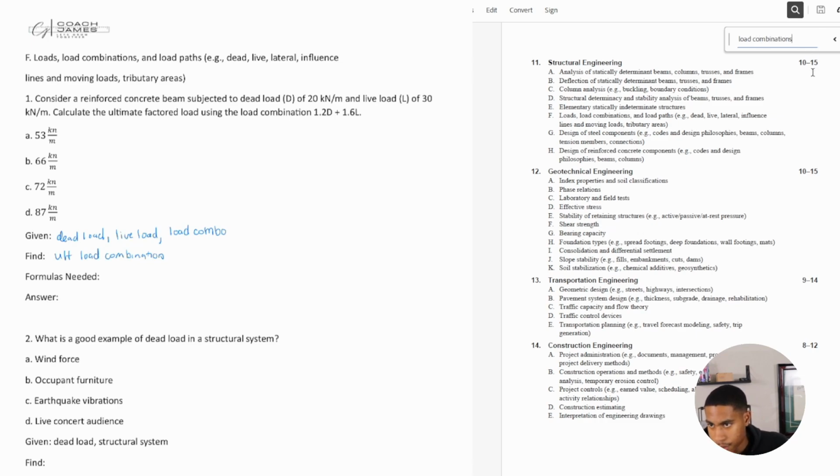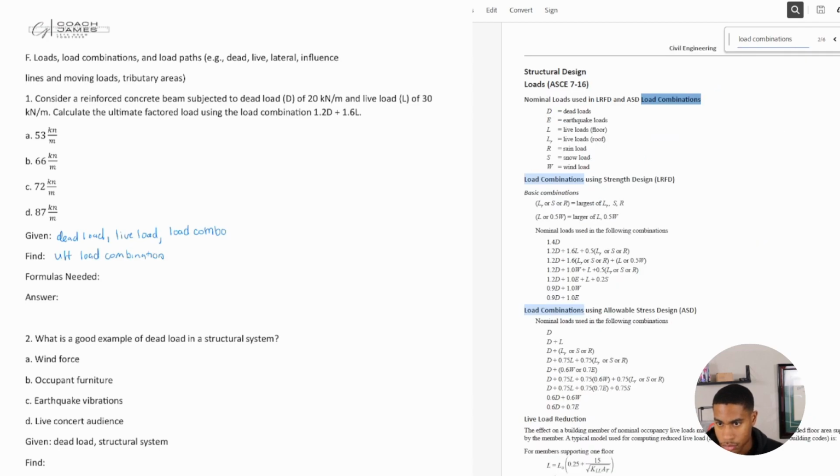All right. So load combinations ultimately is saying, hey, we're going to put factors on our different loads, right? So we're going to account for things like rain, R, snow, S, wind, dead loads, earthquake loads, live loads. What do we mean by this?